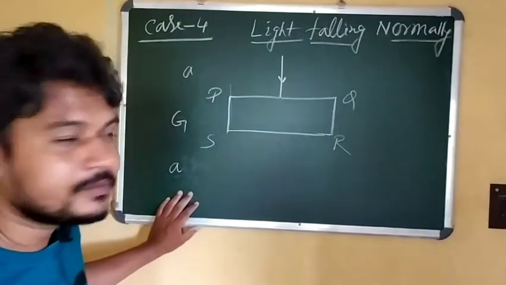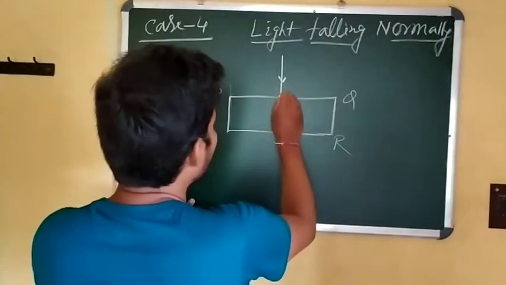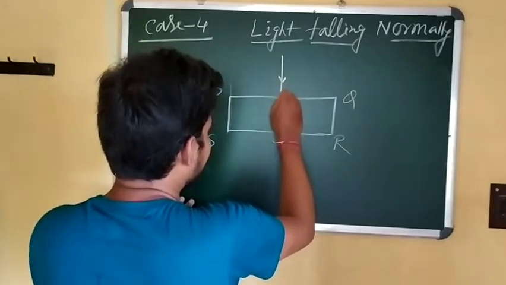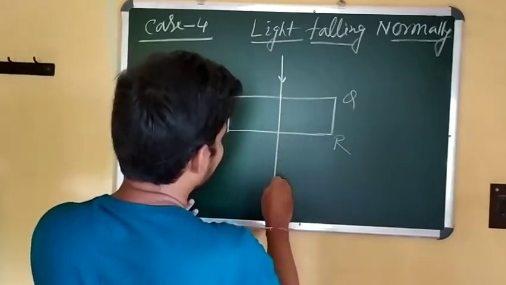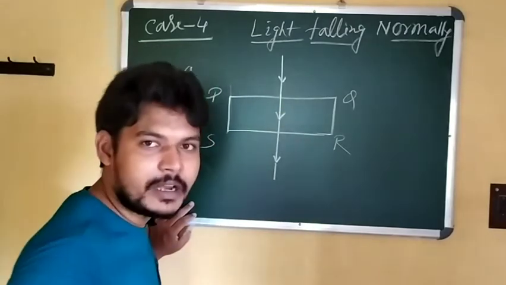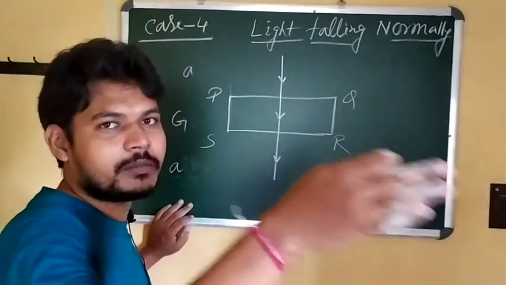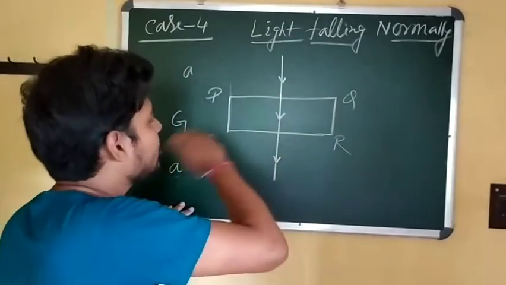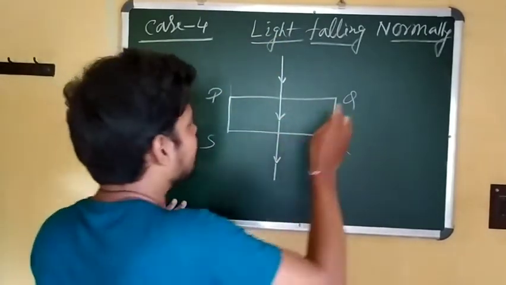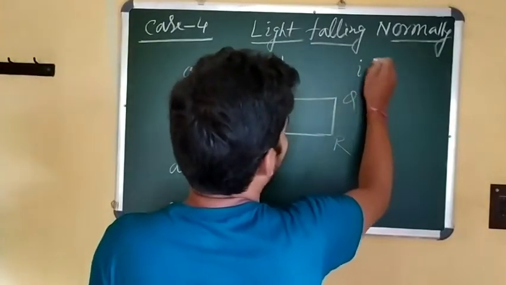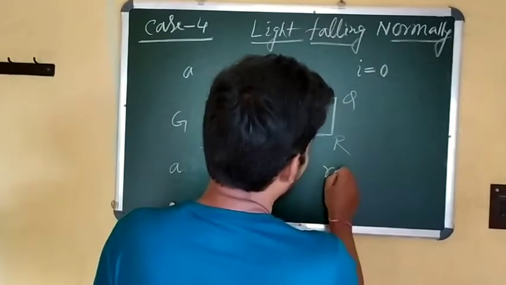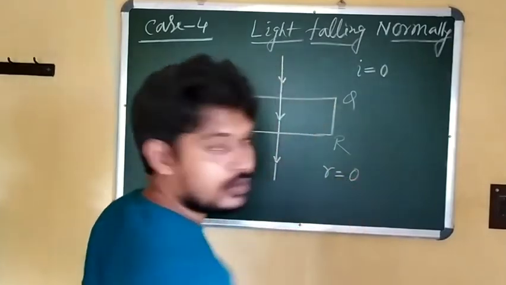Then there will be no refraction. Light directly passes from the glass medium to the air medium perpendicularly. So from this figure you can see that is the normal also. The angle of incidence is 0 and the angle of refraction is also 0 here.